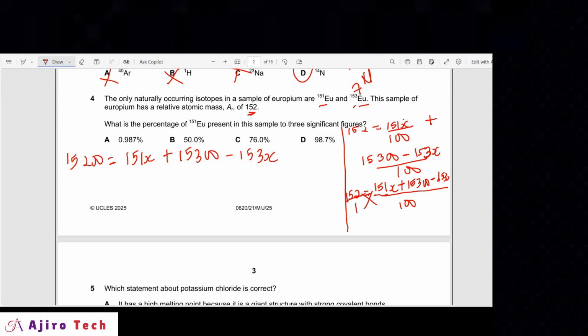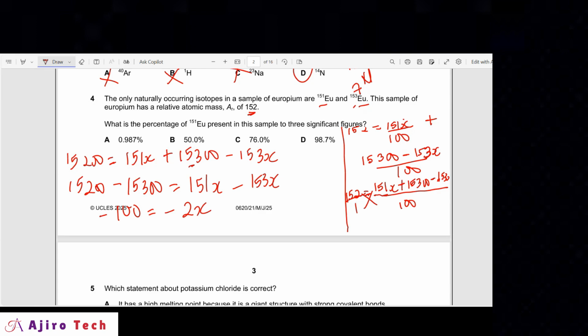Okay, so collecting like terms, you have 15200. This goes there, becomes minus 15300 equals 151x minus 153x. So this becomes negative 100 equals minus 2x.